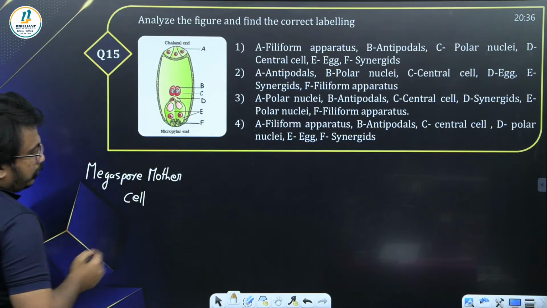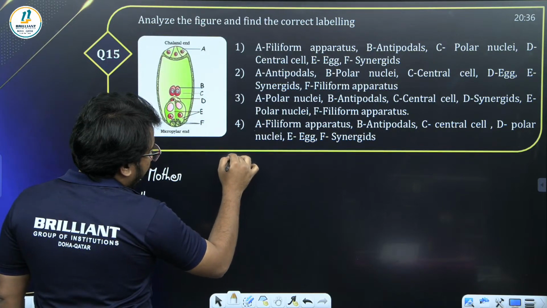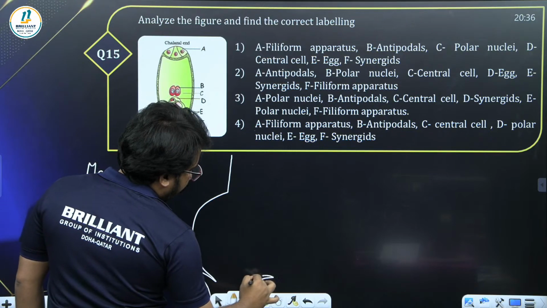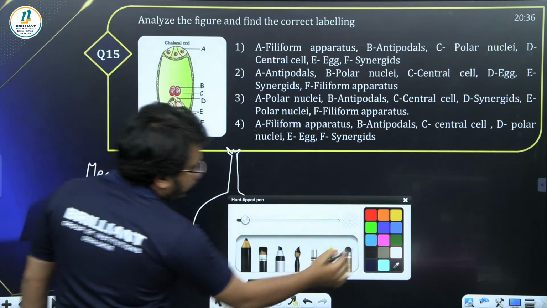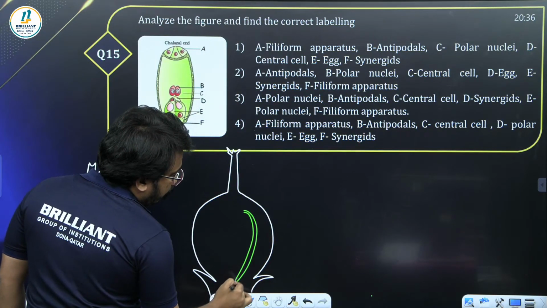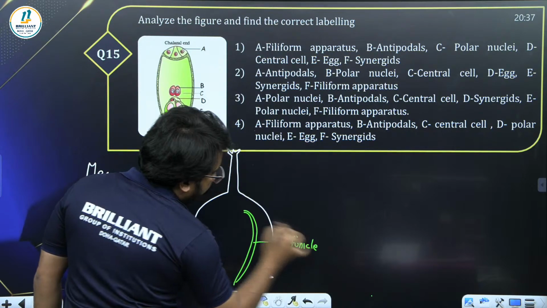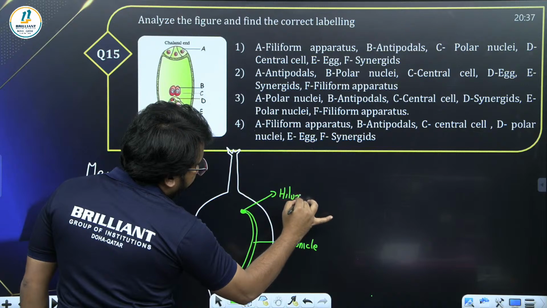Hope you remember the structure of a typical ovule. So inside the ovary, there is an ovule that is coming. So in the ovule, you can see there is a funicle. There is a stalk-like portion that is coming in the ovary, that is called as funicle. The point of attachment is called as hilum.